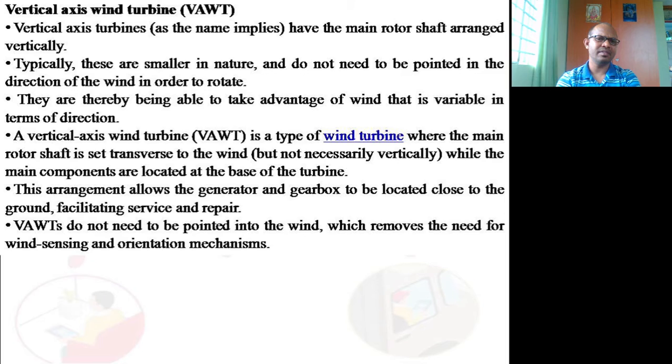That is the reason why we don't require any sensing elements. They are thereby able to take advantage of wind that is variable in terms of direction. We might experience it in most cases: if you have two or three windows in your home, you can observe in January that the direction of the wind flow will be different.